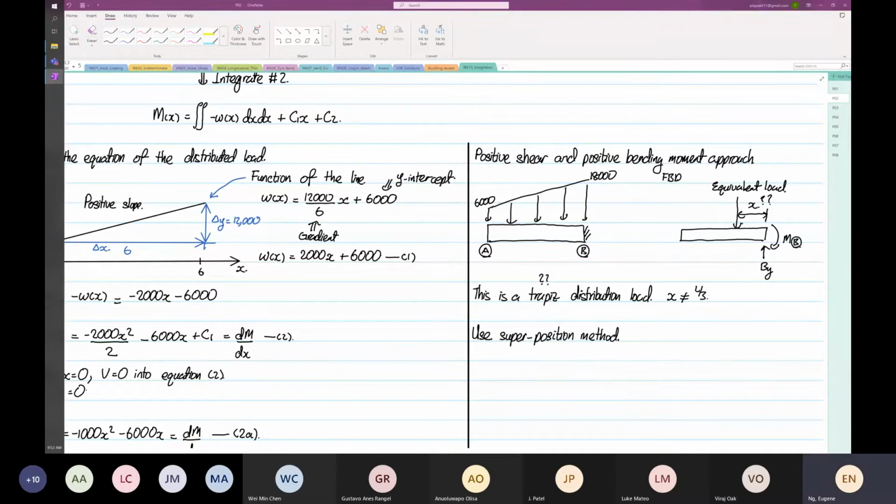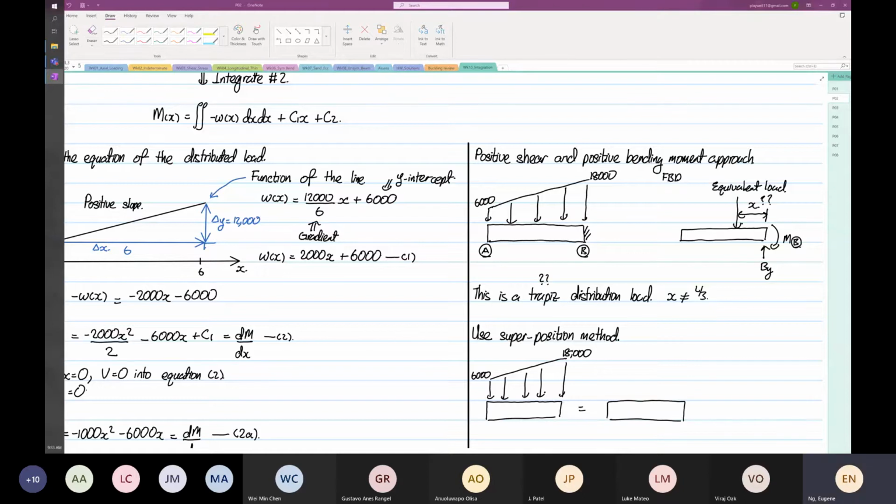So what do I mean by the superposition method? We know that our distributed load is like this. This is 6,000, and this is 18,000. So this will be equal to, you divide the load into 2.